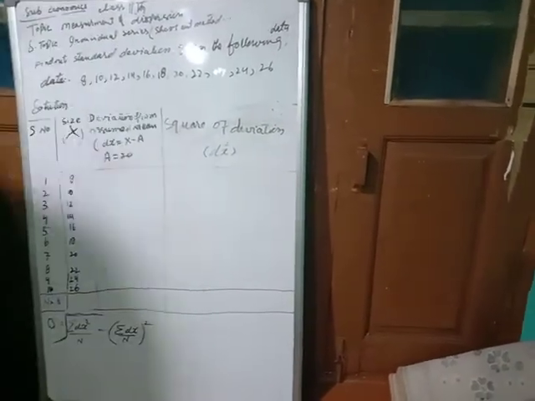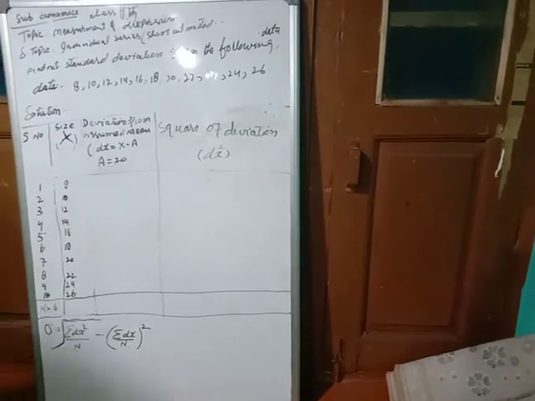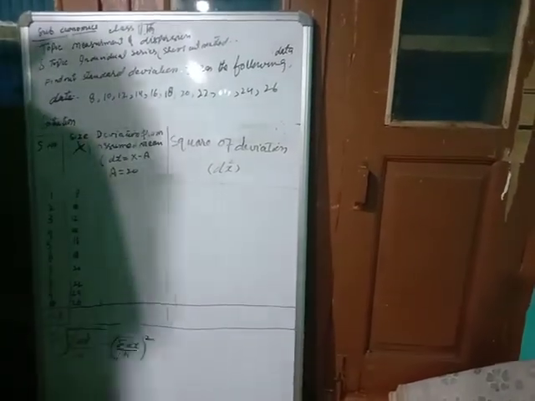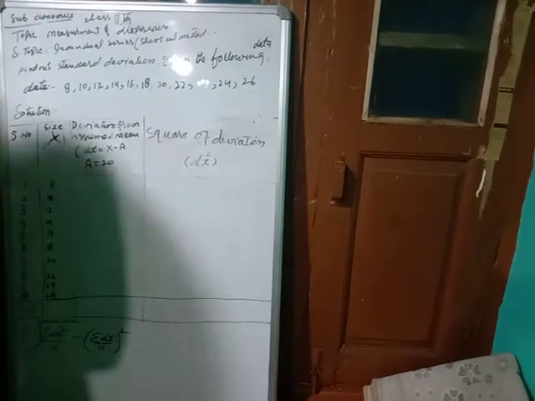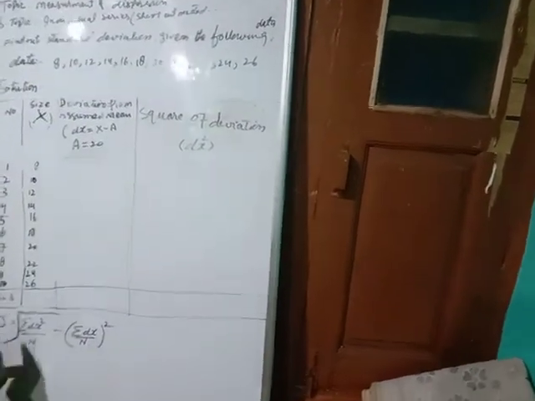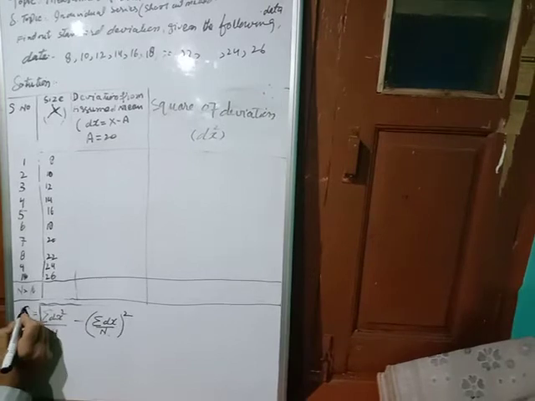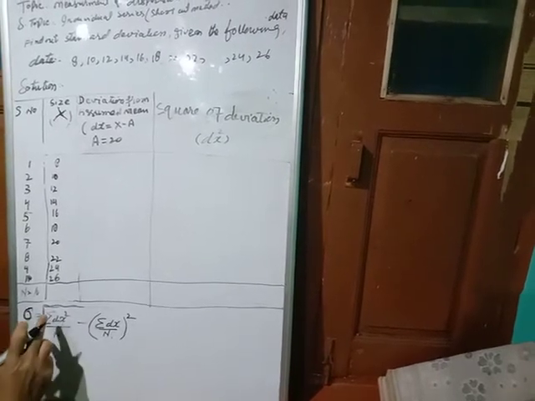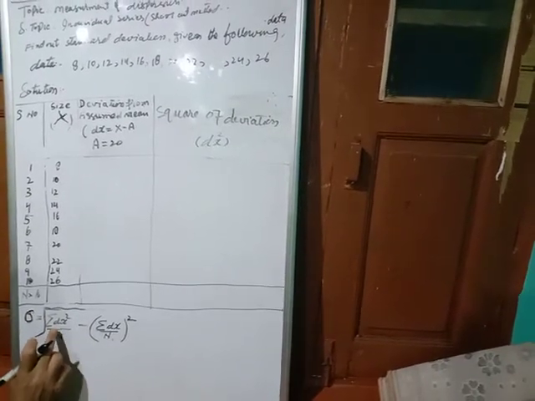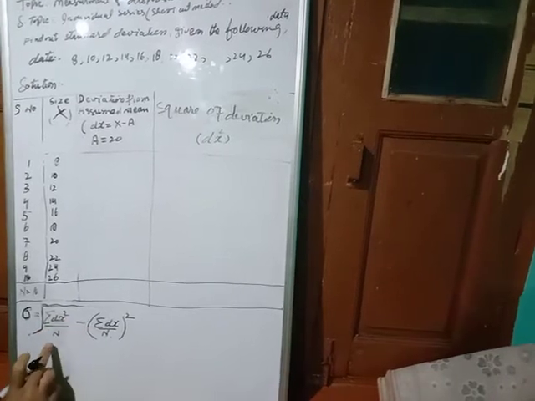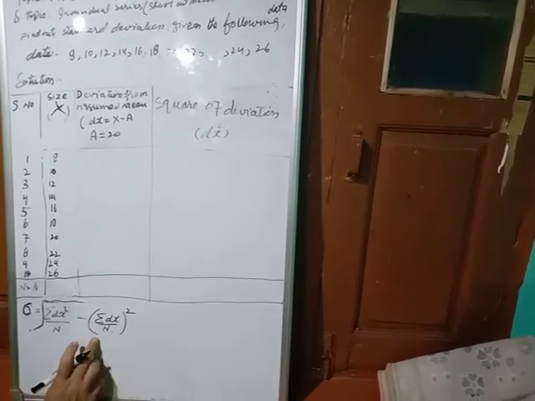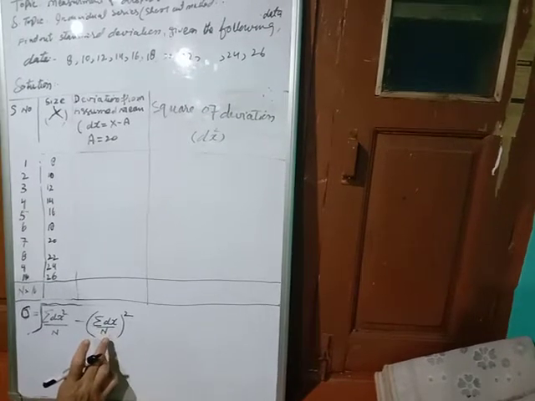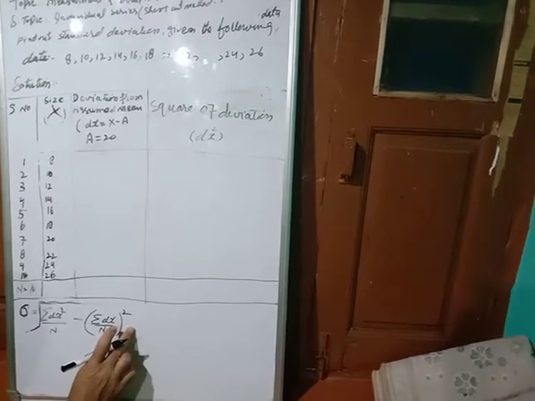The formula for standard deviation in the shortcut method is: standard deviation equals under root sigma dx square by n minus, bracket begin, sigma dx by n, whole square.